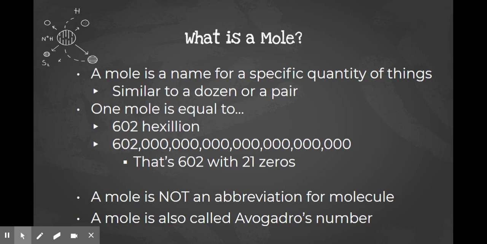The other thing you might hear the word mole called is Avogadro's number, named after the man who not really discovered it, but started to use it to classify large quantities of molecules and atoms. His last name is Avogadro. So sometimes this number is called Avogadro's number. So if you hear that, don't be confused.